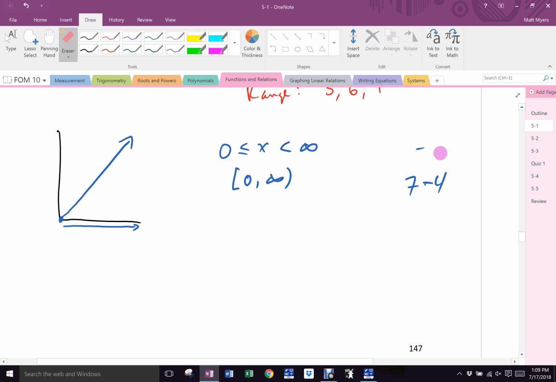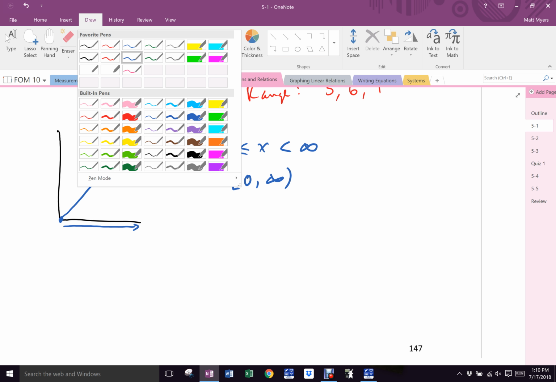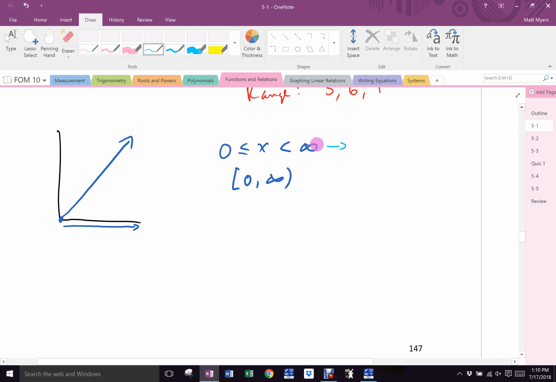We know math people are lazy. So when it's this type of situation, math people don't like to write it out this way. They write it this way. And I'm going to still use blue, but a different shade of blue. They write this as x is greater than or equal to 0, which means it's every single value bigger than 0. Does everybody see the difference?